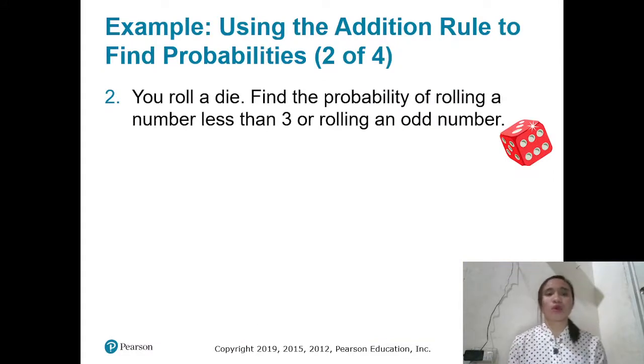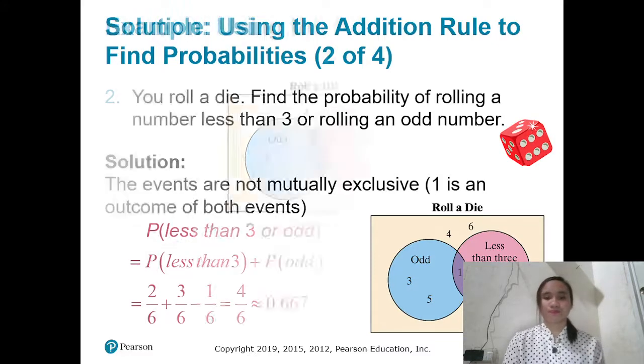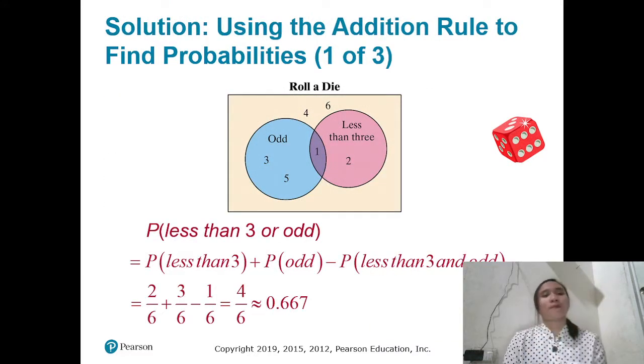Example number 2. You roll a die. Find the probability of rolling a number less than 3 or rolling an odd number. Solution: the events are not mutually exclusive because one is an outcome of both events. So here are the solutions. Inside the box, roll a die.